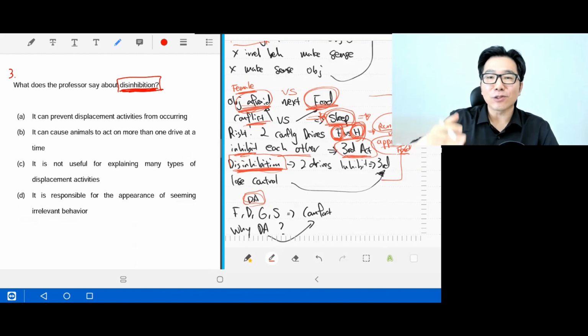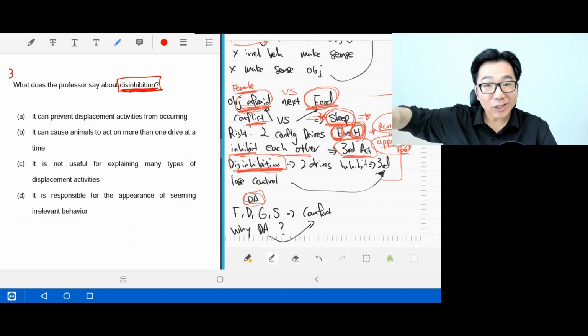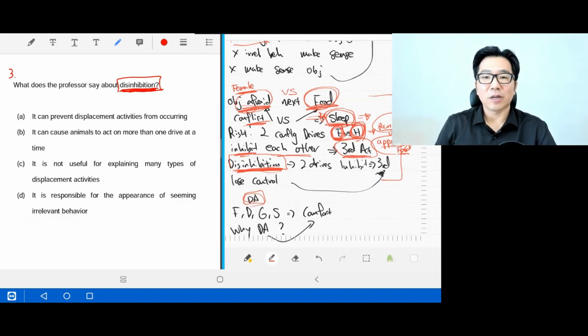So it failed to prevent displacement activities from happening. Understand? Okay. Right? So that's the process that leads to displacement activity. This inhibition leads to displacement activity. It failed to prevent displacement activity from happening.